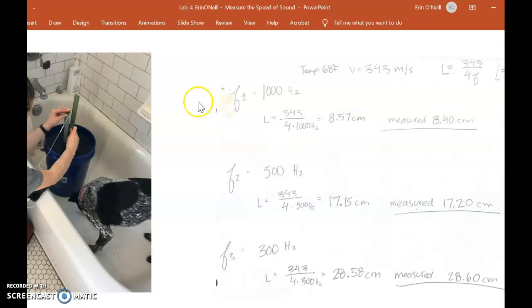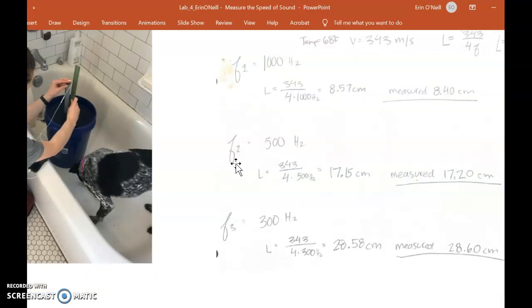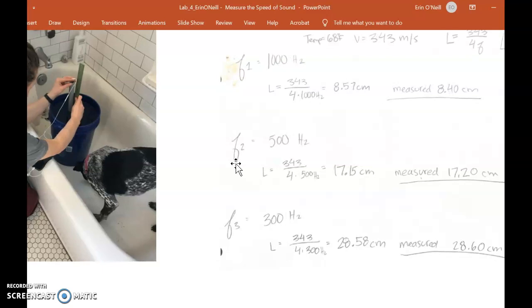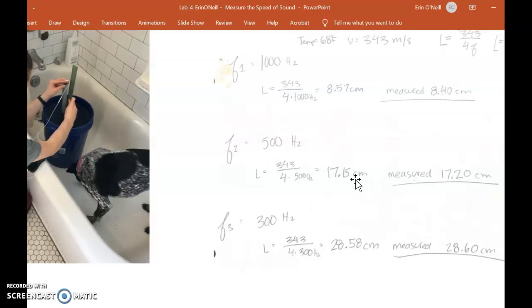Who knows what exactly. Maybe my bathtub was cooler than the rest of my house. Hard to know exactly what was causing the difference there, but I was pretty happy with how close it was. So I kept going. My next frequency was 500 hertz. Plugging that into the equation, I solved that it should be something close to 17.15 centimeters, and what I ended up getting was very close.